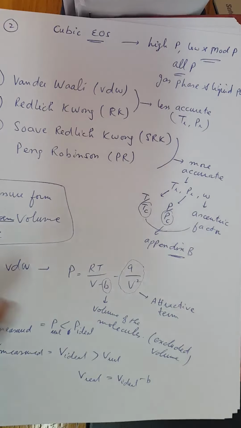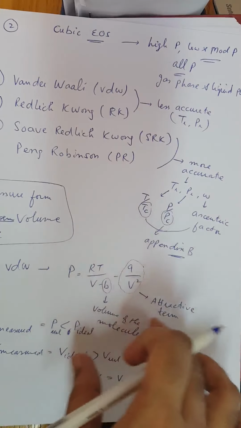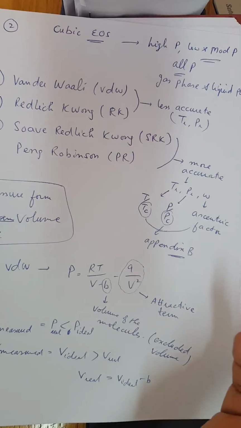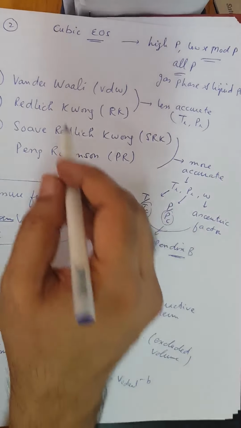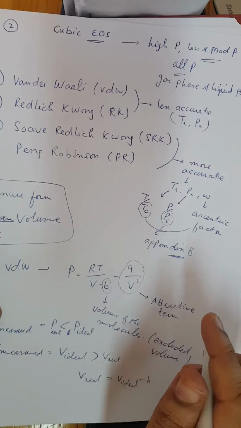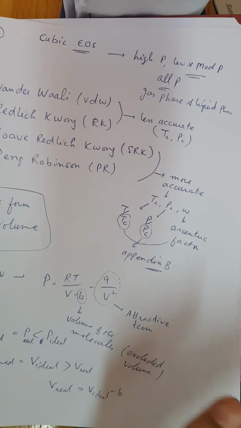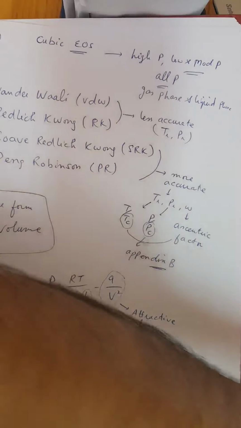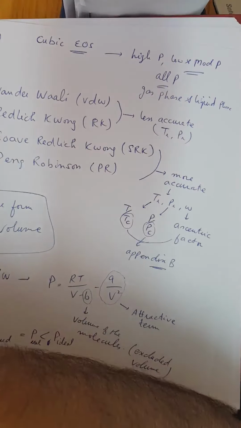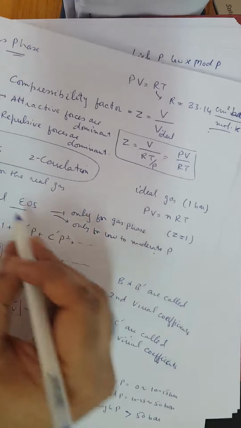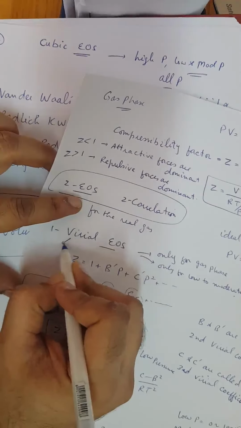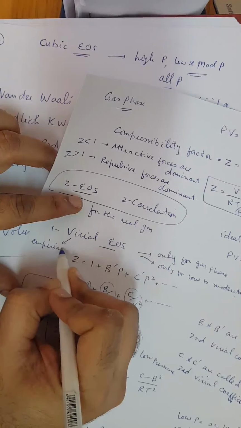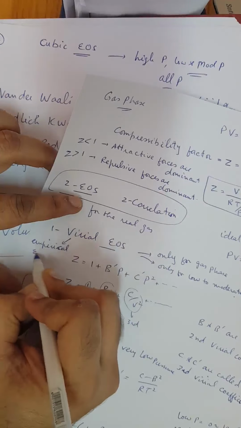Based on that, we have a and b, which are empirical constants determined by experiments. That's why these equations are called semi-empirical. The virial equation is called an empirical equation of state.